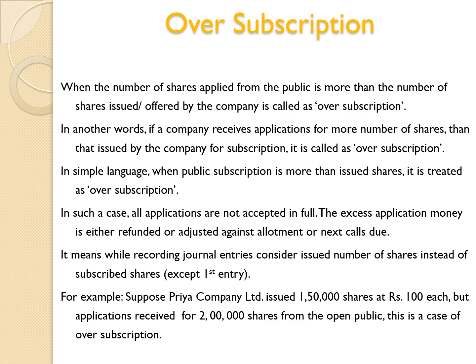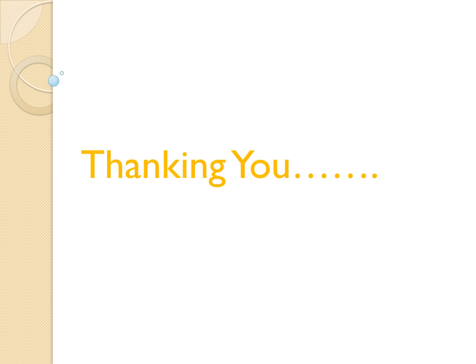For example, suppose Priya Company Limited issued 1,50,000 shares at rupees 100 each, but applications were received for 2 lakh shares from the open public. This is a case of oversubscription. It means we are going to issue 1,50,000 shares, but actual applications were received for 2 lakh shares.